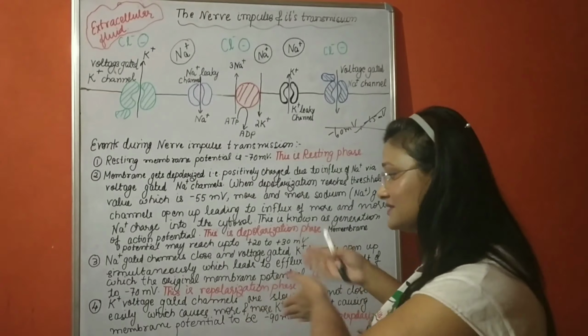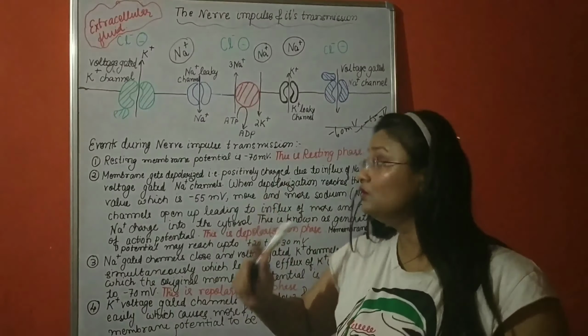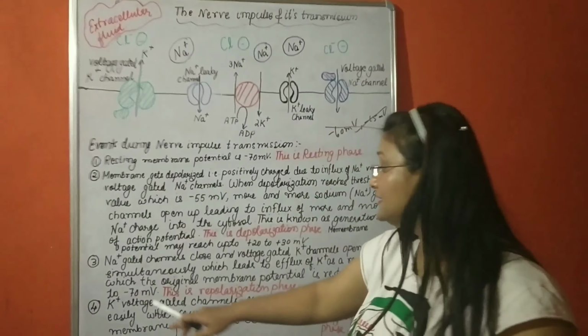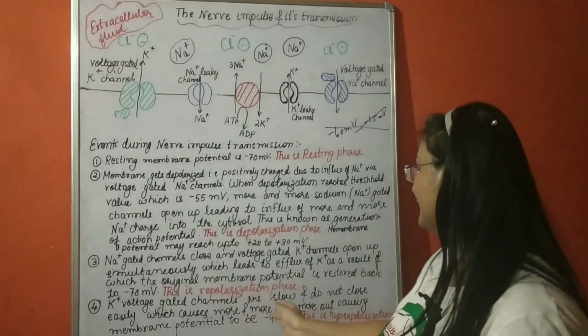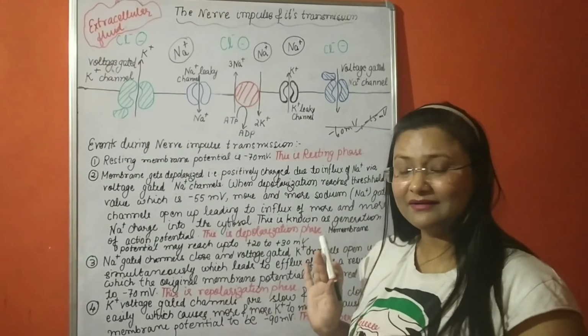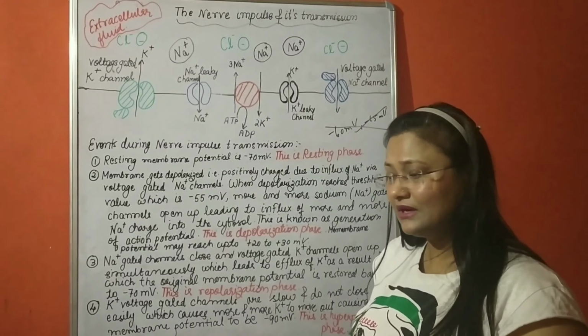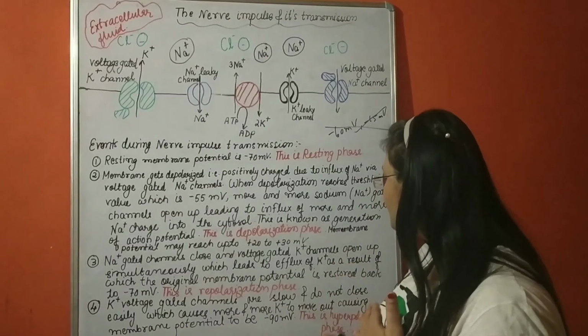But the process doesn't stop over here. As compared to the voltage gated sodium ion channels, the voltage gated potassium ion channels are slow. They are comparatively slow, so they do not close immediately. They are very slow to close.